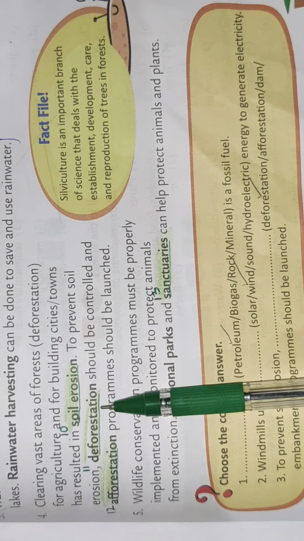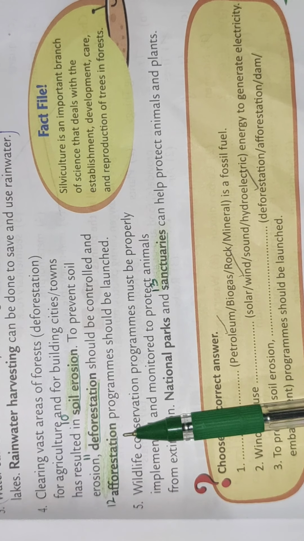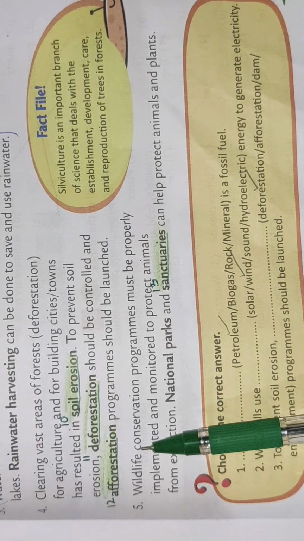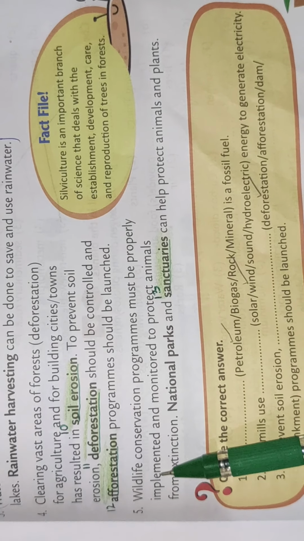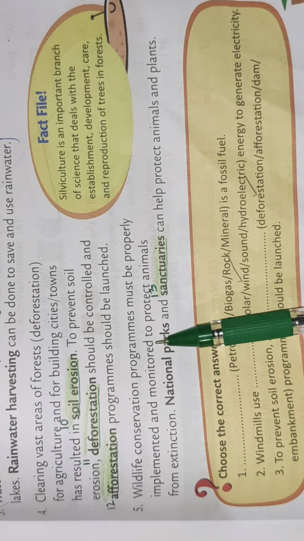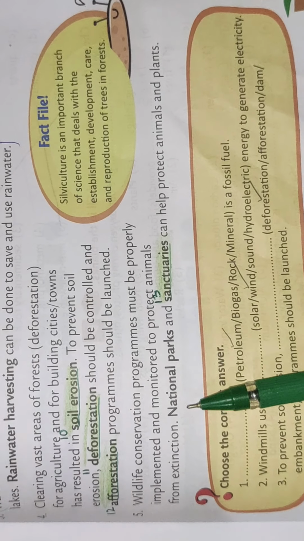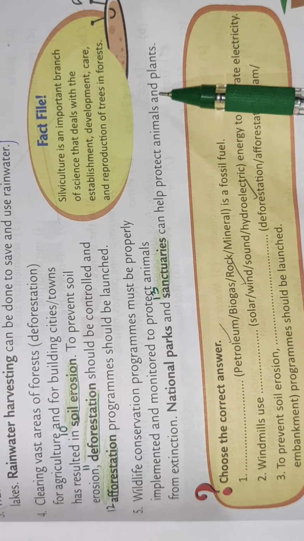Deforestation means the cutting down of trees, and afforestation means the planting of trees. Point number 5. Wildlife conservation programs must be properly implemented and monitored to protect animals from extinction. National parks and sanctuaries can help protect animals and plants.